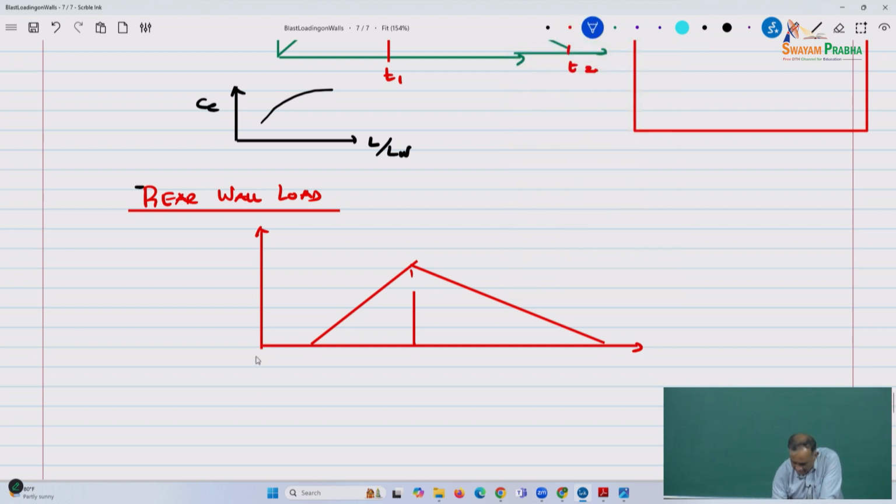Now the arrival time, this is L over U. This is basically the length of the side wall divided by the wave speed.